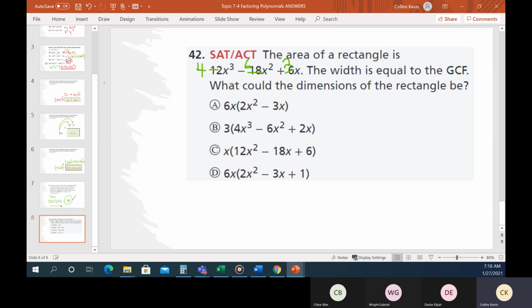Okay, so that works. So let's look at our numbers now. We've got 4, 6, and 2. They're all even numbers. If they're all even numbers, what can I also divide by? Yeah, so I can divide by 2.